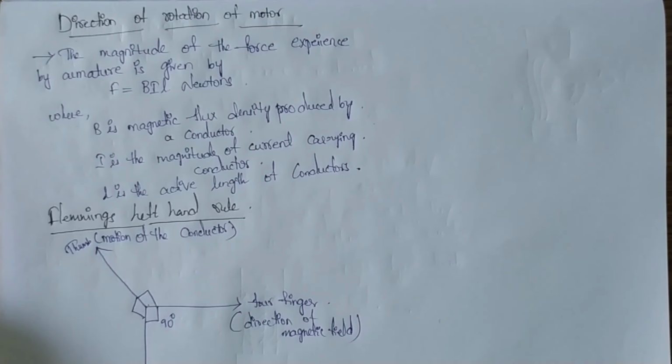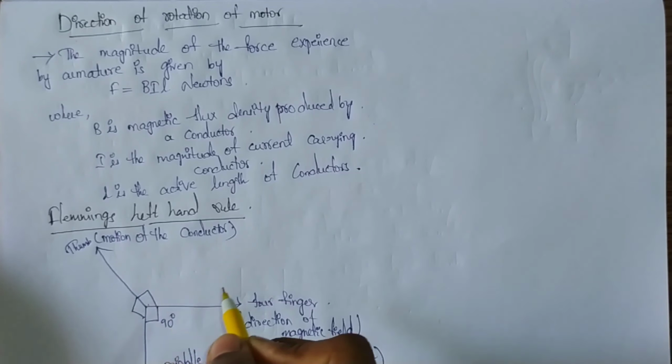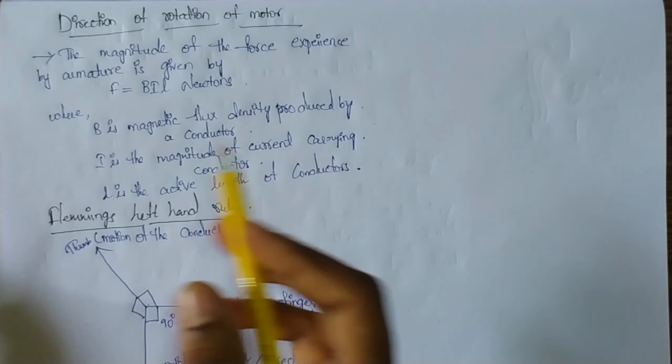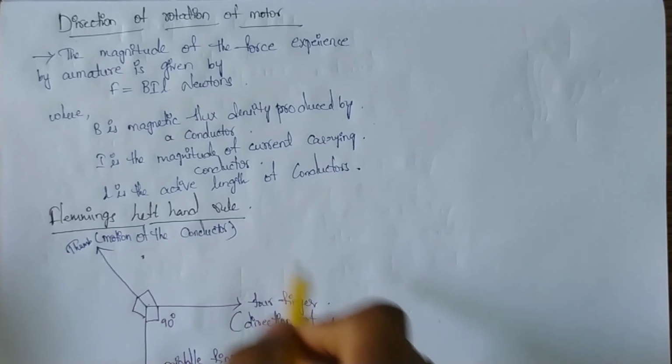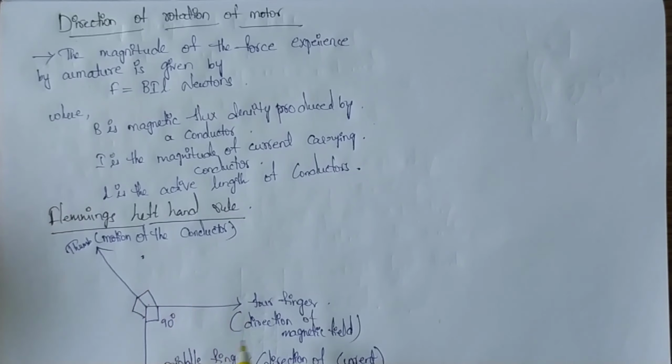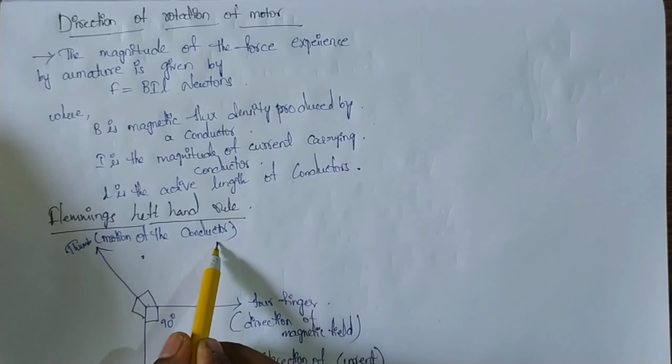And finally the middle finger represents the direction of current. So Fleming's left hand rule helps to determine the direction of motor rotation, magnetic field direction, current direction and motion.